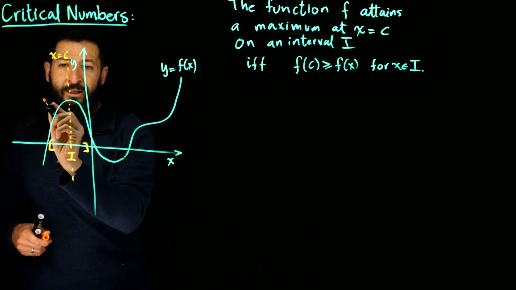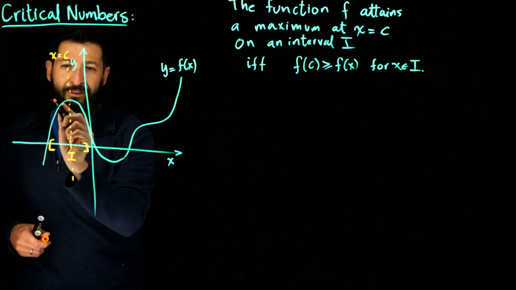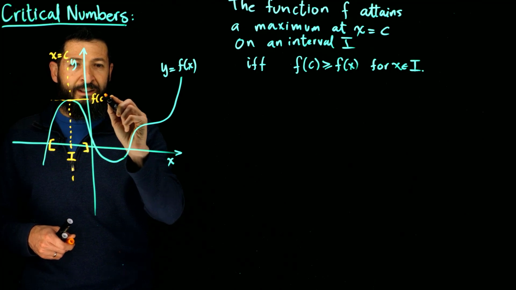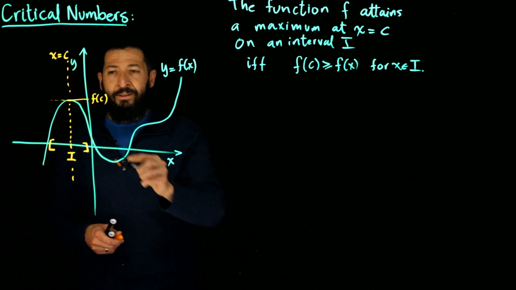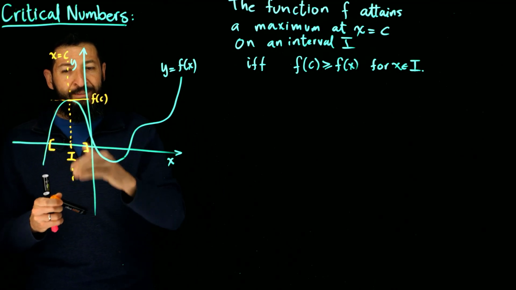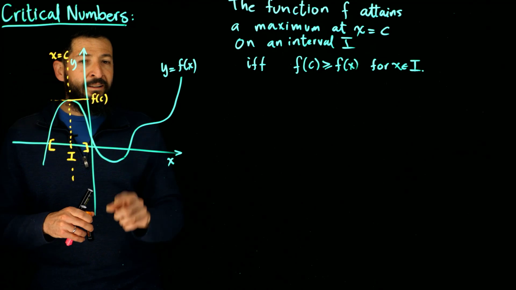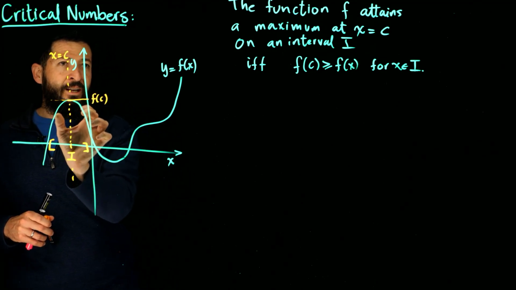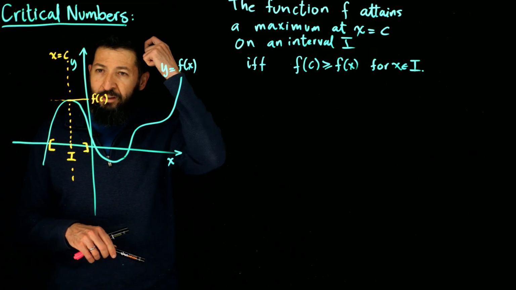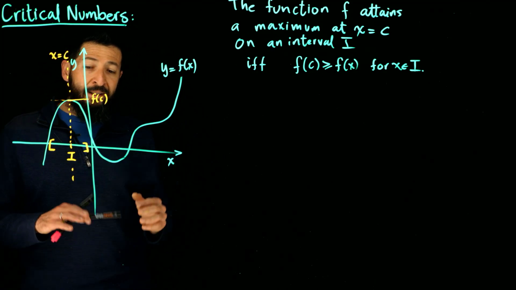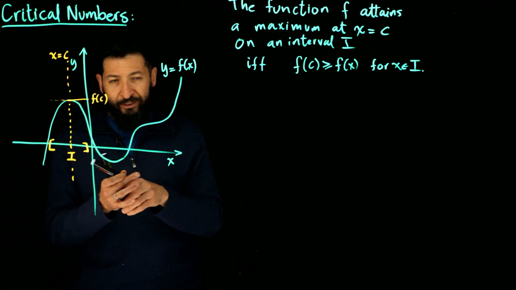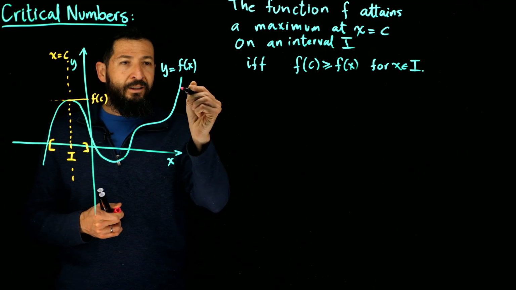And how do we check? Well, we grab that value that we called f of c, and we compare it to every possible y value that the function attains on the interval. And in this case, f of c is larger than f of x for all of those x's on that interval. So that seems like it's a maximum, but it's a maximum on this interval or any other interval that does not include, for example, a point here.